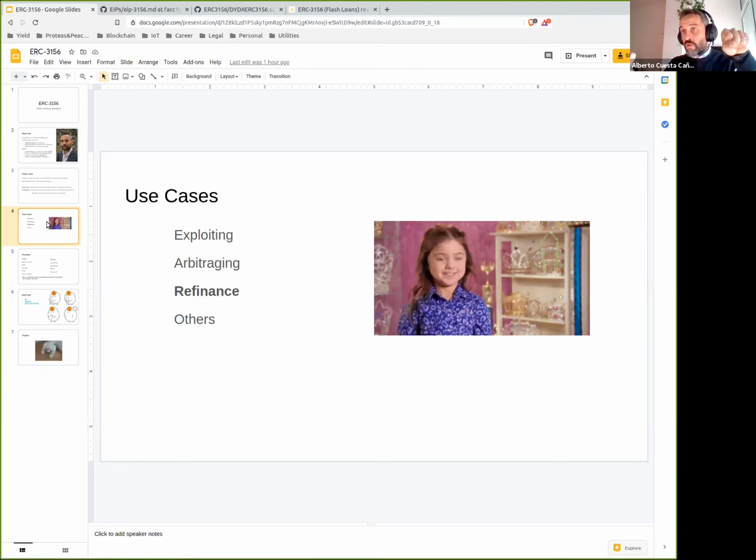And now you borrow the DAI in Compound at a better rate, 2%, which you use to pay the flash loan. So you started with Ether collateral and DAI debt in MakerDAO, which was charging you X, and you end with the same Ether collateral and the same DAI debt in some other platform, let's say Compound, which is charging you X minus 1.